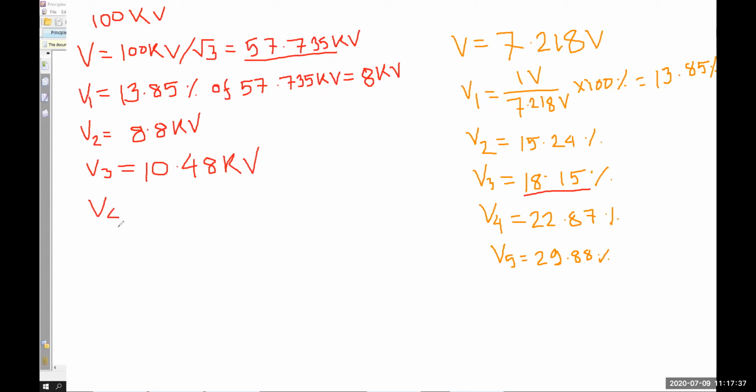What about your V4? V4 will be this percentage of this. So 22.87% into 57.735. Remember, when you multiply a percentage, you have to divide by 100, right? Yes. Okay. So your answer is 13.203. Okay, let's write 13.2.